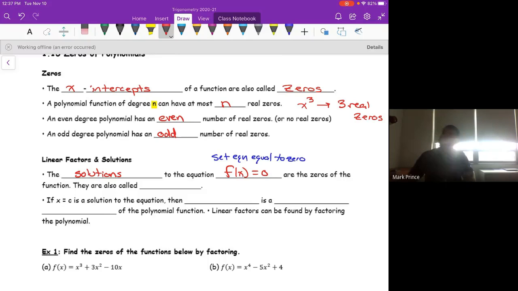They're also called roots. Pretty sure I talked about this in another section. And when we get our answers, we say x equals c is a solution to the equation.